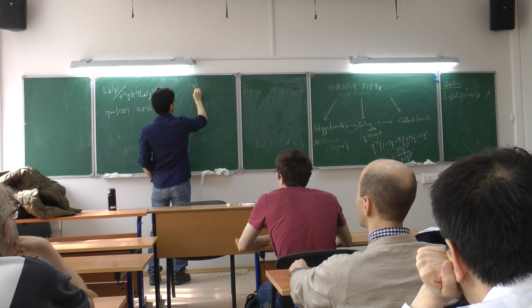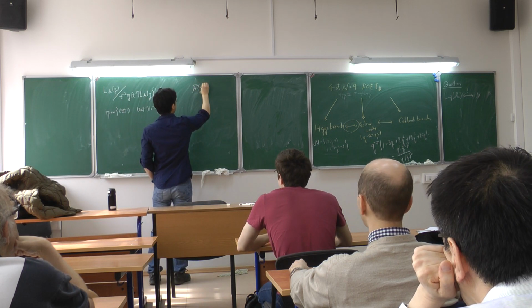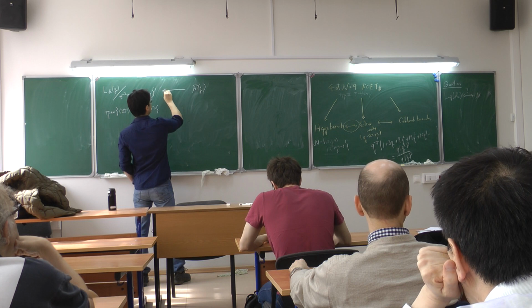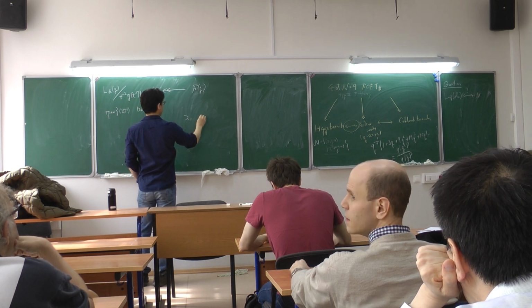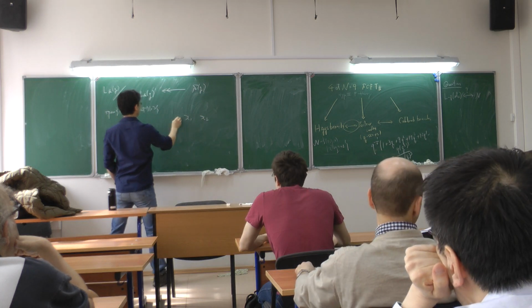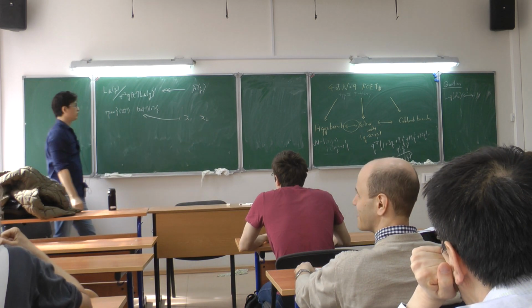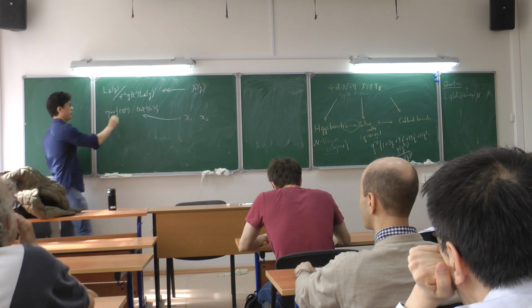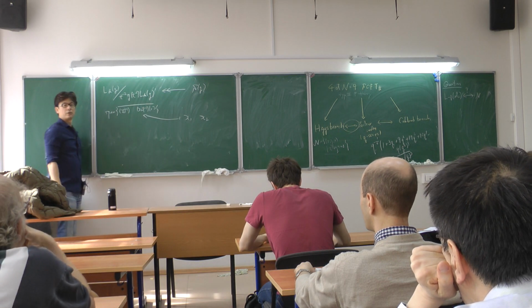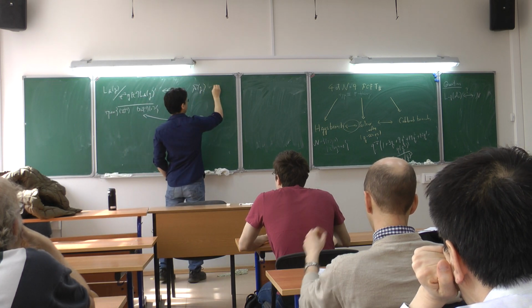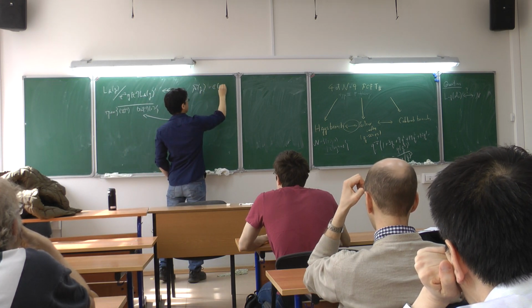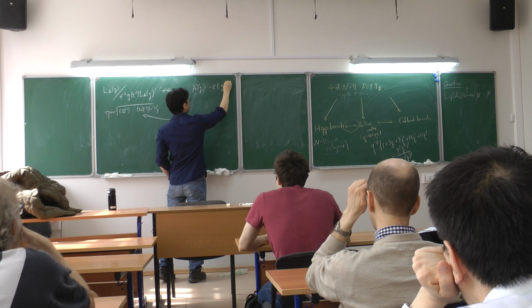So you have a surjection from the symmetric algebra of g to here, which sends this kind of monomial to the image of this vector. And this can be regarded as a function on g star.